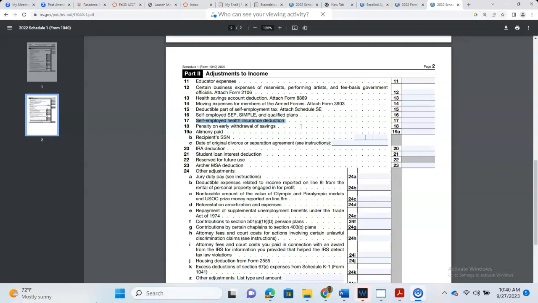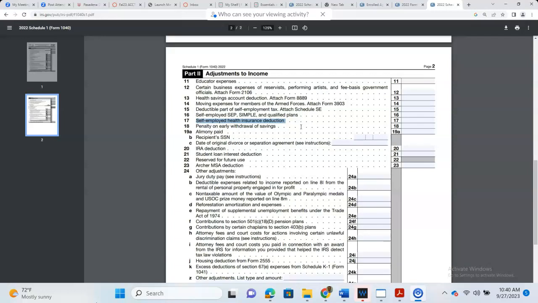Because he's self-employed, who's going to pay for health insurance? Remember, health insurance is normally paid by the employer, right? So here the employer is himself. So the self-employed person will put that in Schedule 1 and use that as a so-called business employee benefit expense, which we call the self-employed health insurance deduction.